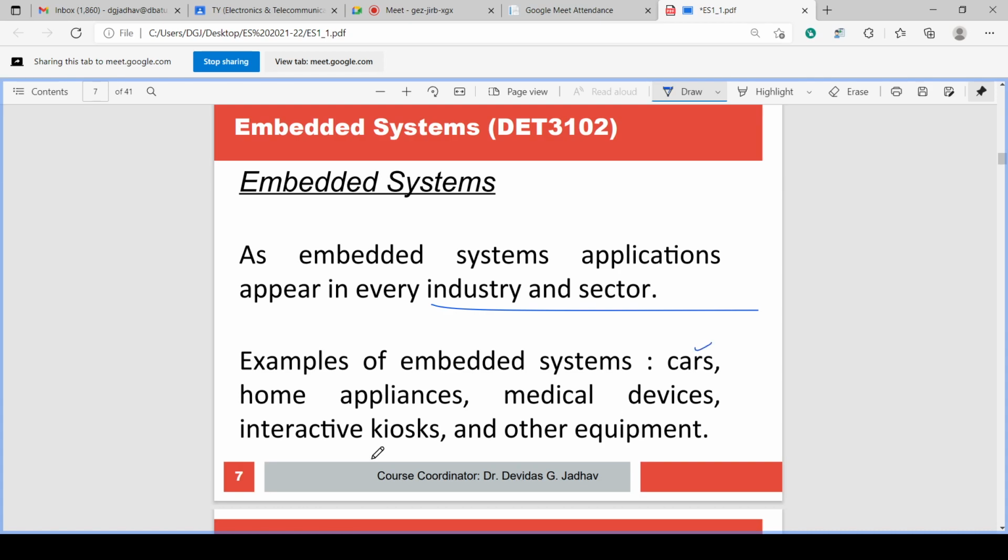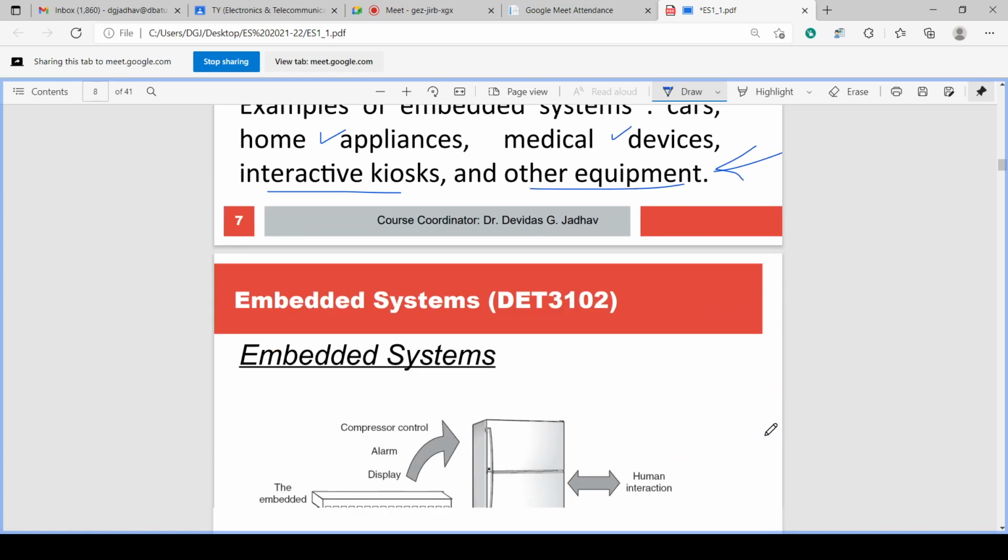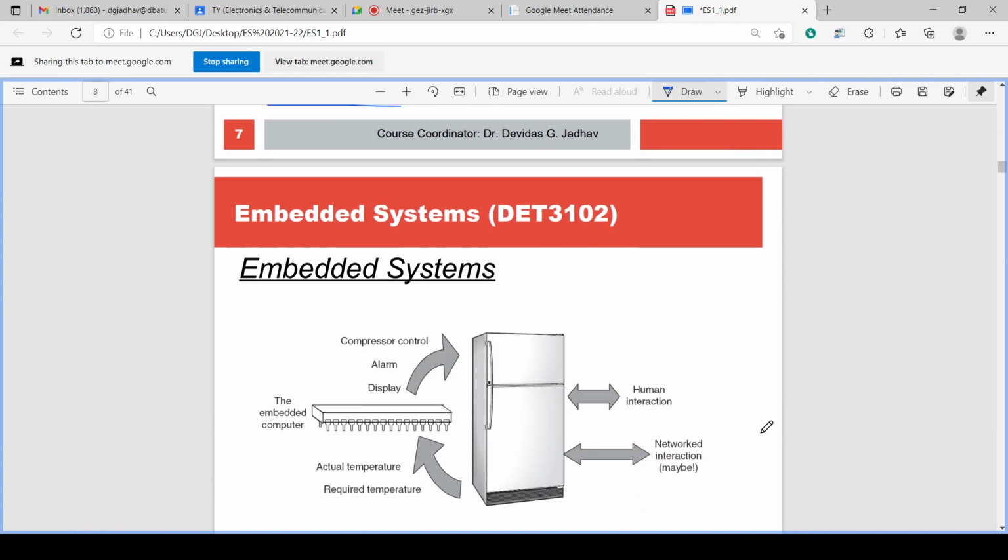Examples are cars, home appliances like refrigerators, washing machines, televisions, set-top boxes, medical devices, biomedical devices, interactive kiosks, and many other equipments. You must have sorted out, found out, and submitted the assignment.